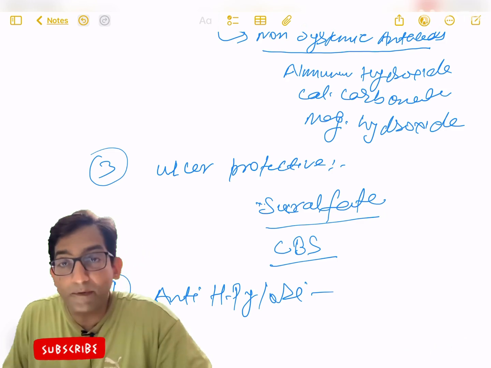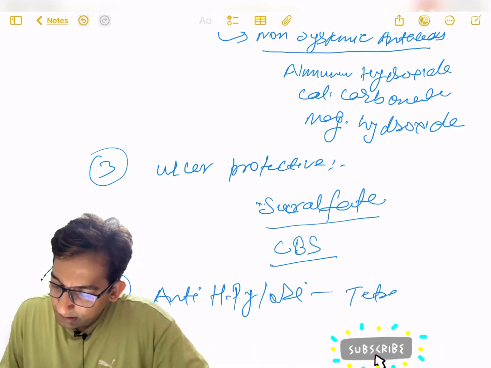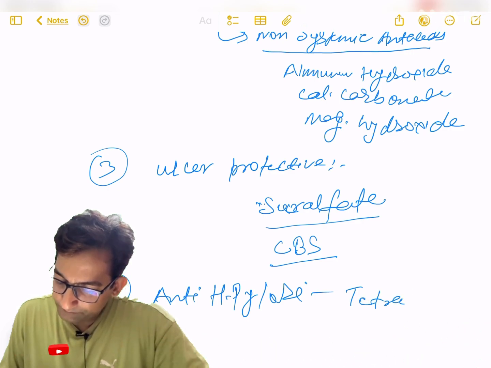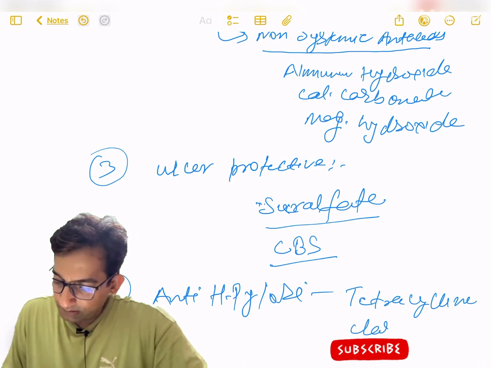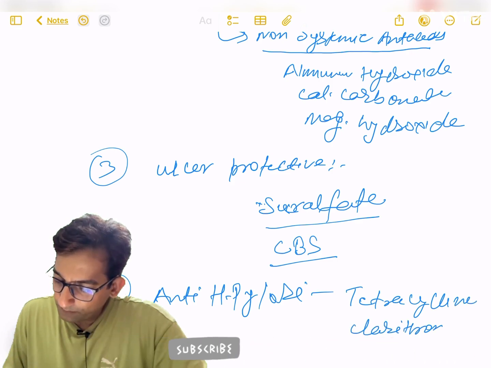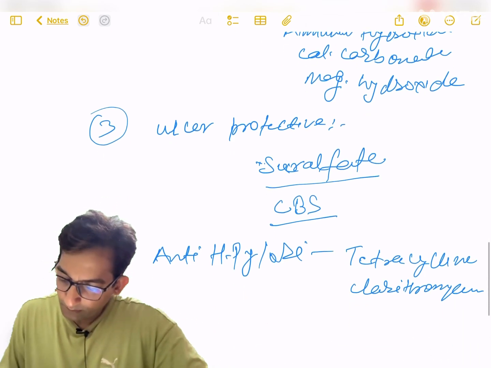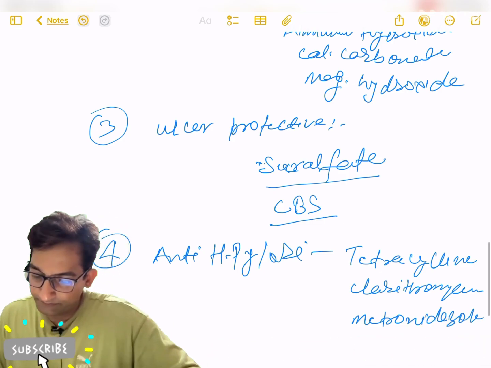Examples are tetracycline, clarithromycin, and metronidazole, which is also effective against H. pylori.